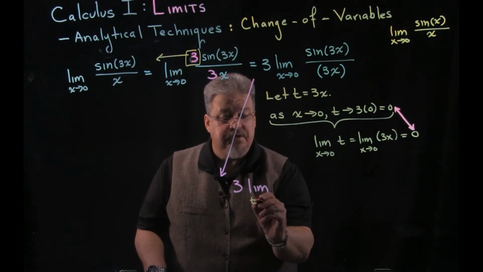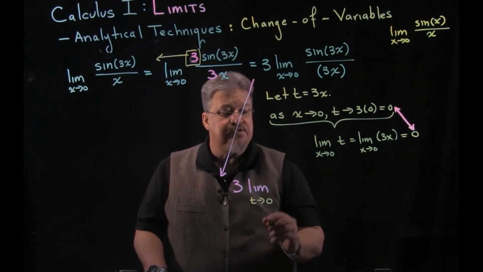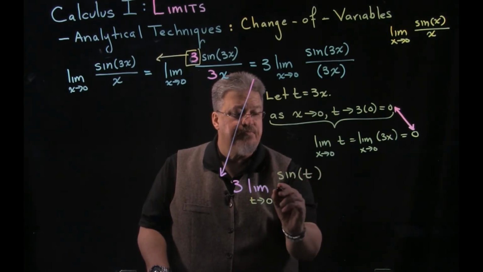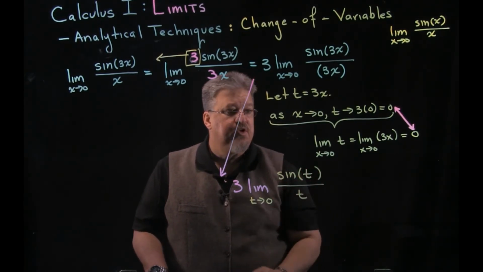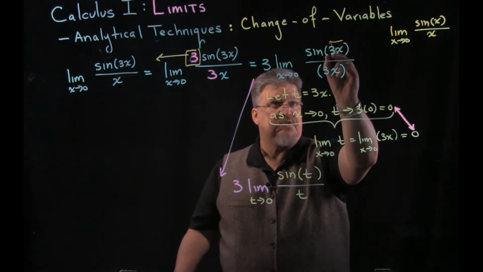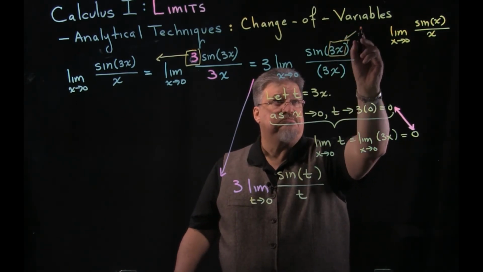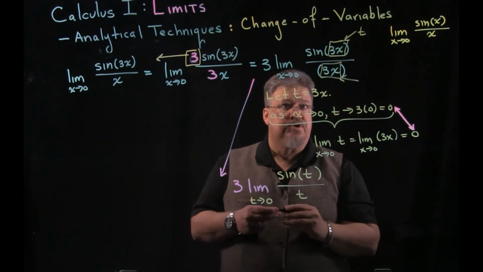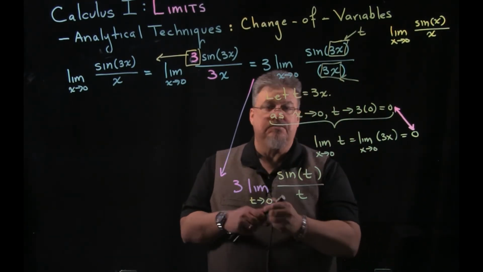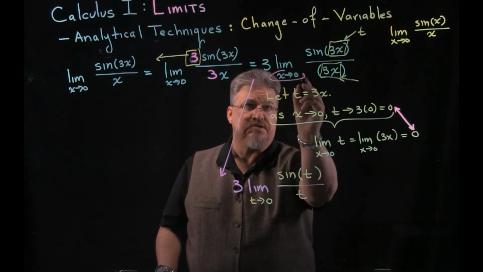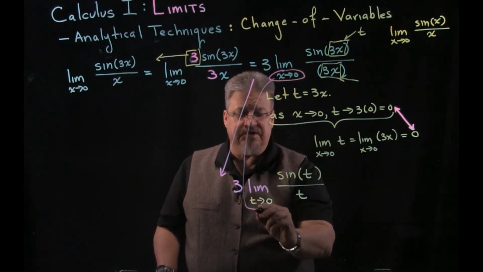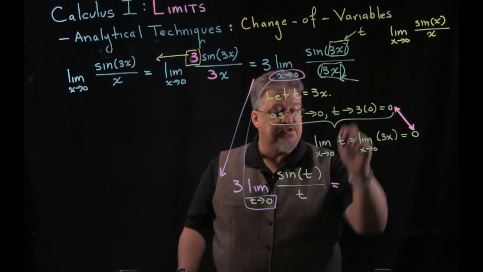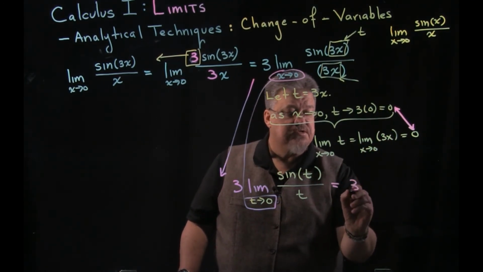The limit as t goes to 0 of sine of t over t, because 3x is equal to t. Now x is going to 0, so we have to recompute where the new limit's going, which we did. So now this is our version of this limit, times 3, of course.